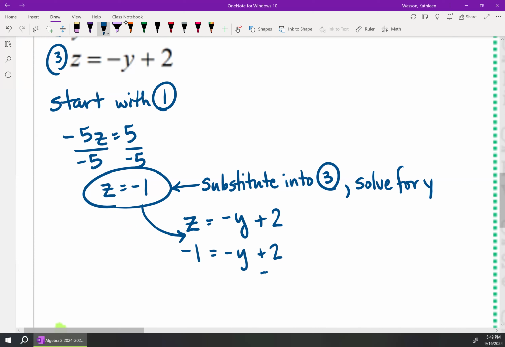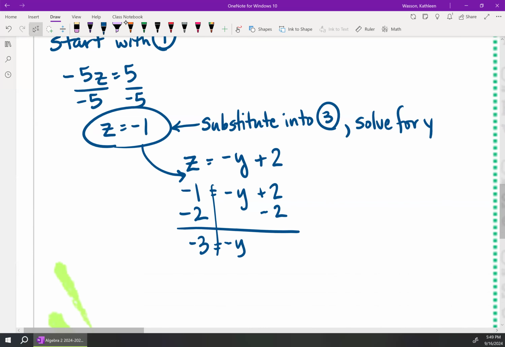So I subtract 2 so that my variable will be on one side of the equation and my constants will be on the other side. And I get negative y is equal to negative 3. And then I need to change the sign here. So to change the sign, I can multiply times negative 1.